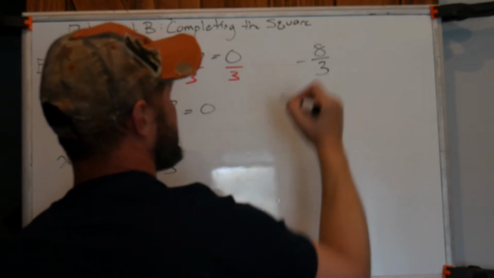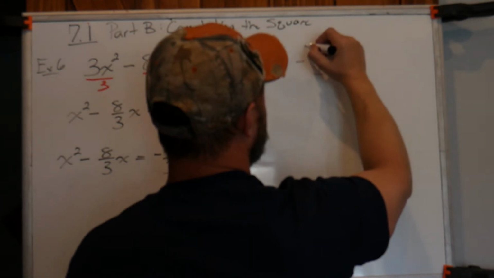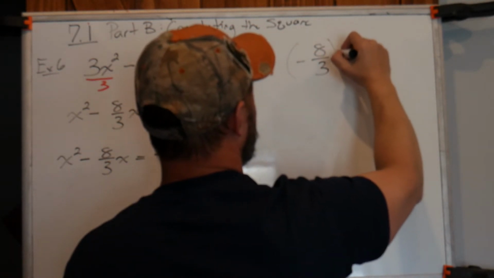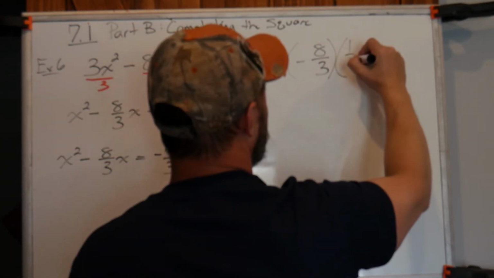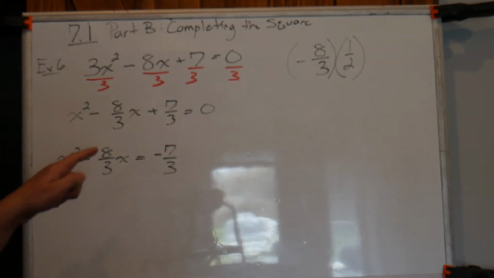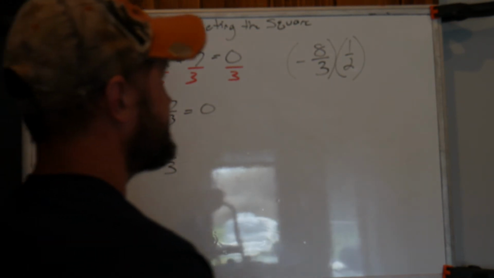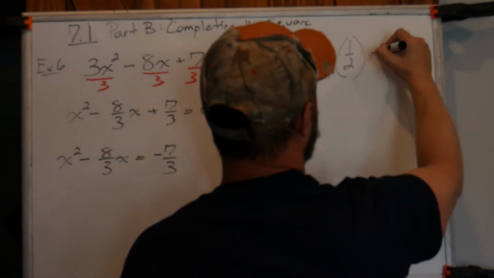is negative 8/3. When I take a half of that, I divide by 2, which means I multiply by a half. So I'm multiplying by 1/2.